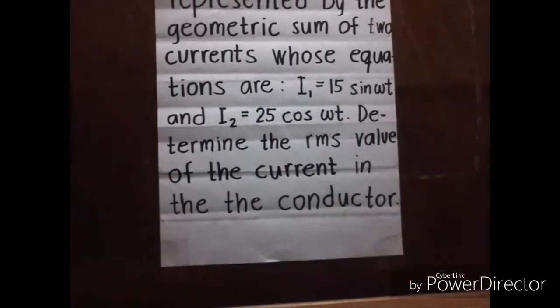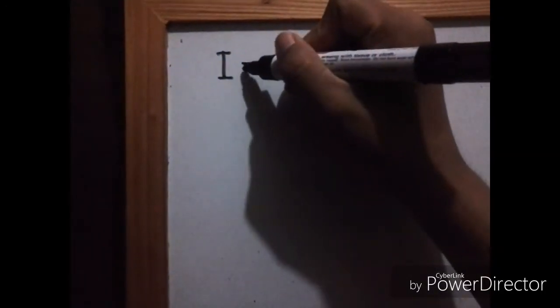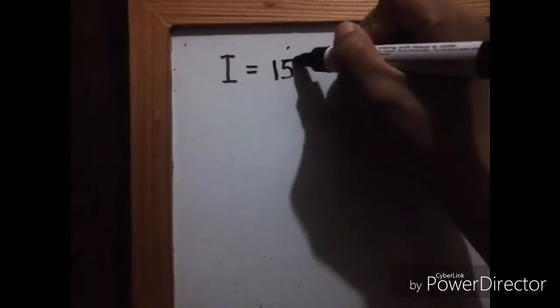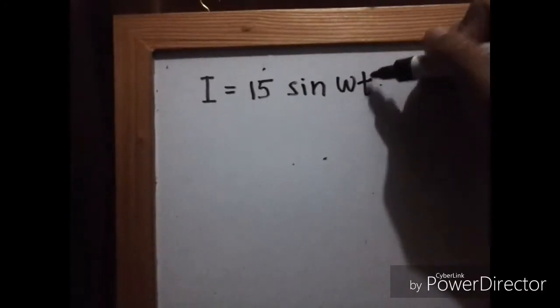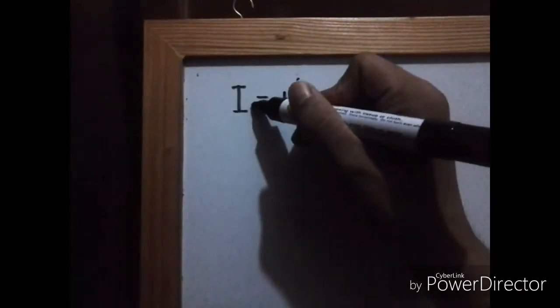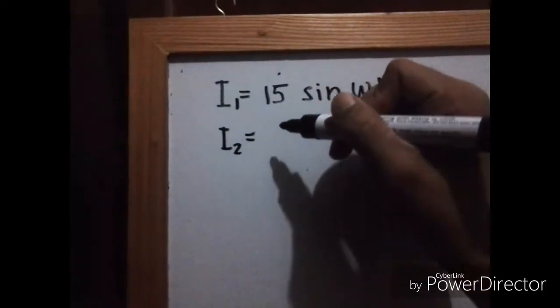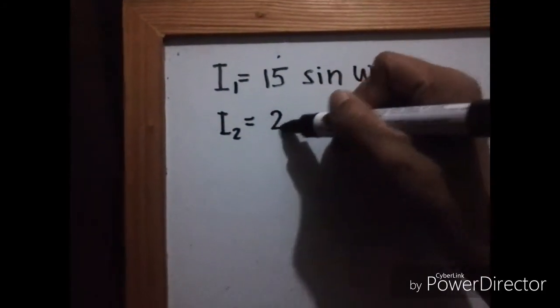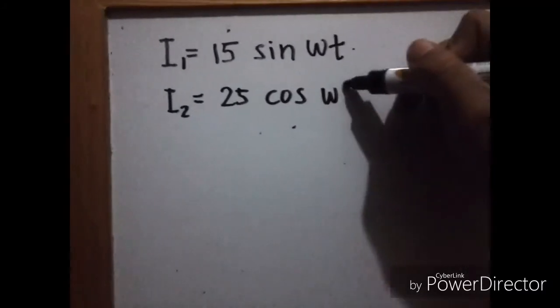I1 equals 15 sine omega t and I2 equals 25 cosine omega t.